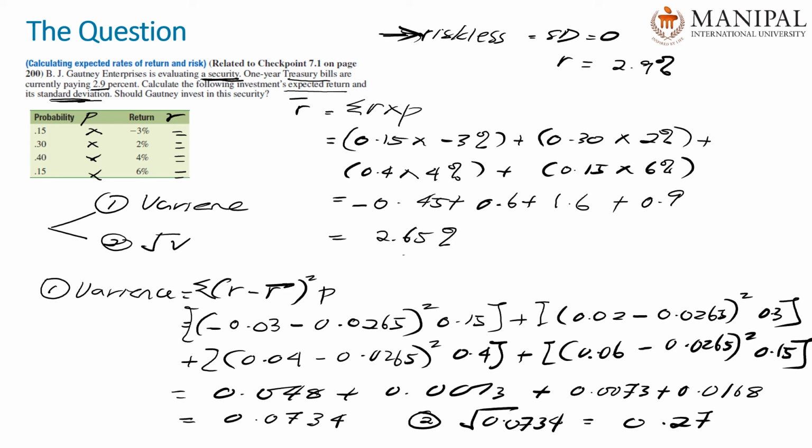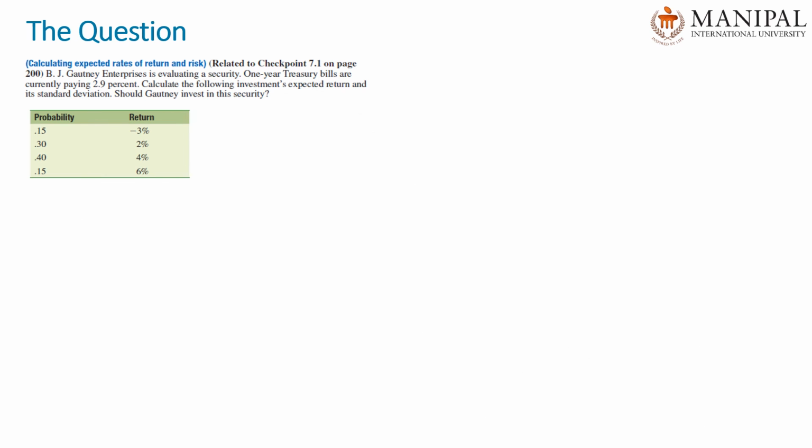Let me put it in the next slide, so that we can compare. Based on our calculation just now, we have a treasury bill, and this one, let's call it asset A. Then we have the return as well as the standard deviation, which is the risk.